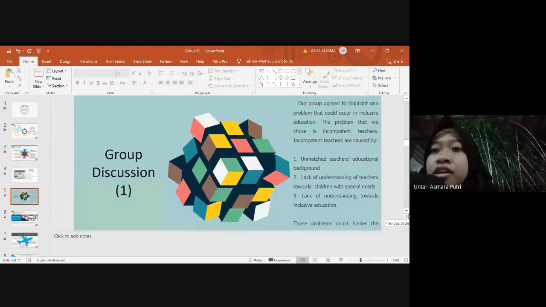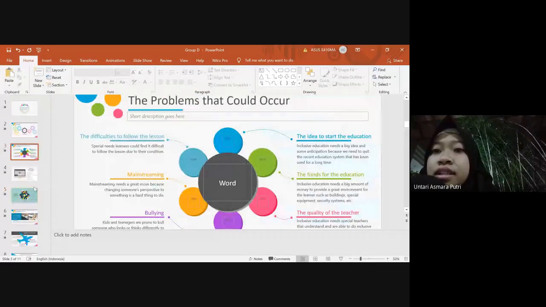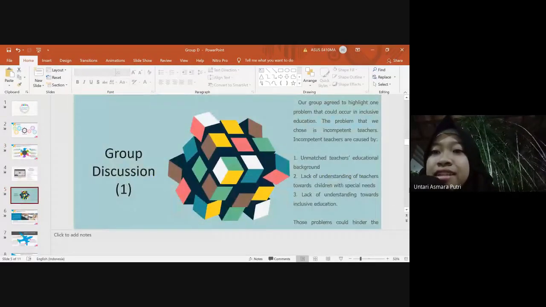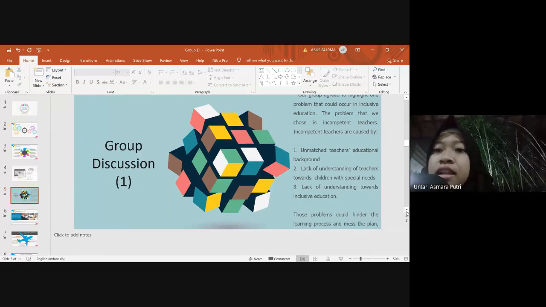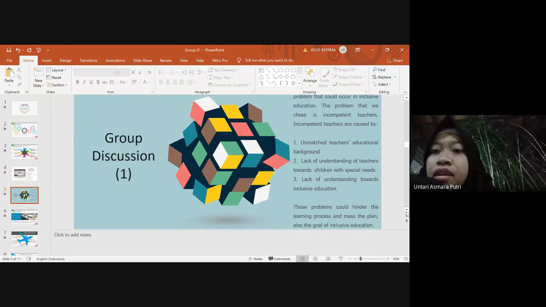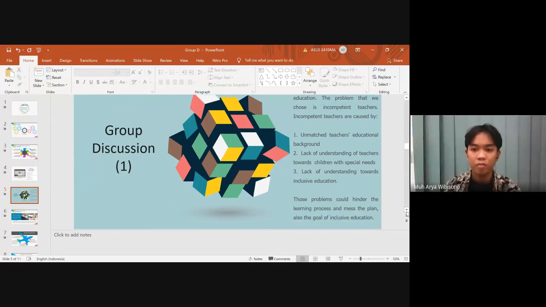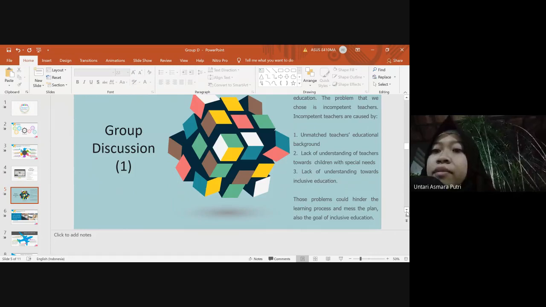Incompetent teachers are caused by three things. The first is unmatched teachers' educational background. The second is lack of understanding of teachers towards children with special needs. And the last is lack of understanding towards inclusive education. These problems could hinder the learning process and mess up the plan, also the goal of inclusive education.